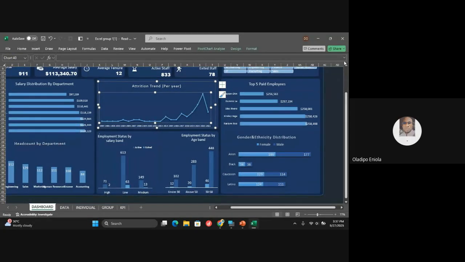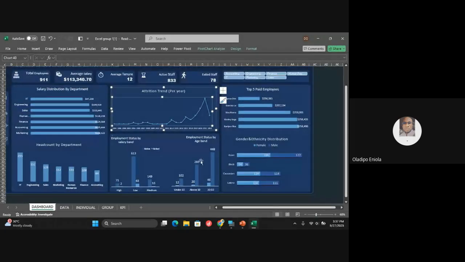So your coloring also, I think all of the charts are using blue, just mixed with lighter blue and all like that. And that is affecting some of the legends you have, like the active and exited for employment status by salary band.